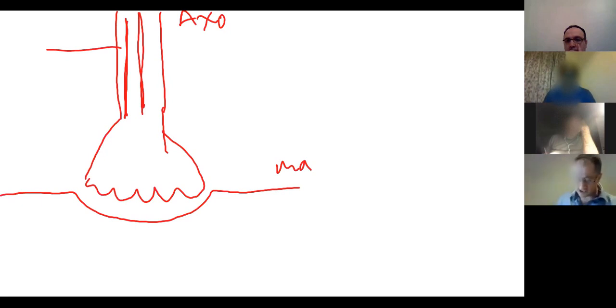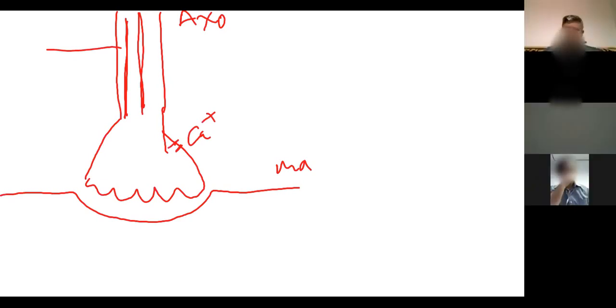So once the action potential reaches down here, it opens up voltage-gated calcium channels. This allows calcium to enter the presynapse, and this binds to vesicles which contain acetylcholine. Acetylcholine is produced in the cell body and migrates all the way down in pre-created vesicles, which come all the way down to the end, to the neuromuscular junction.